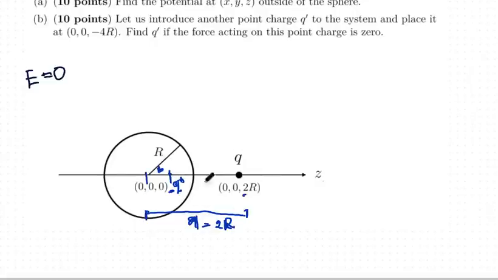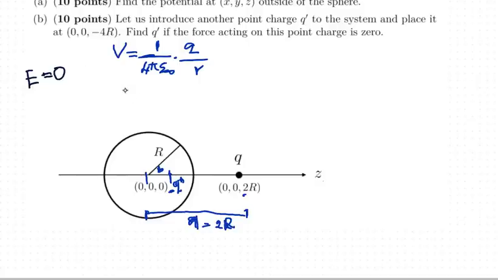Now, how can we calculate the potential? We know that the potential V is equal to 1 over 4 pi epsilon naught Q over R. So this is the potential. But in this case, we have two charges.